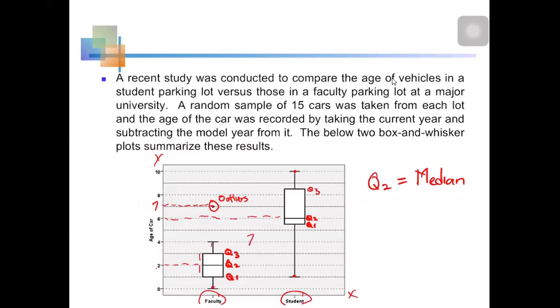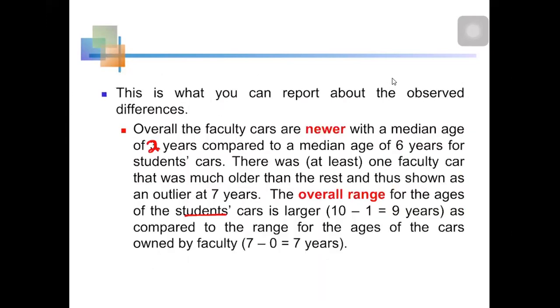So the difference is 7 here, while 10 minus 1 is 9. So this is the difference of the range. So the faculty cars are newer compared to the students' cars. This is how you can interpret your interquartile range.